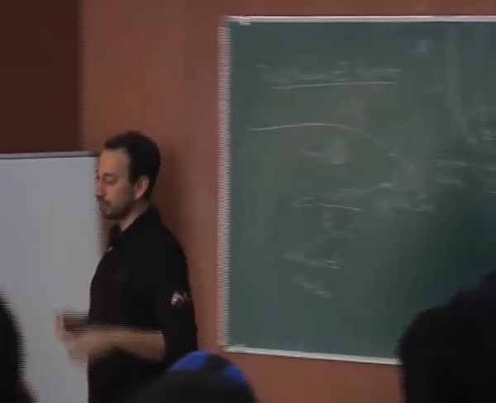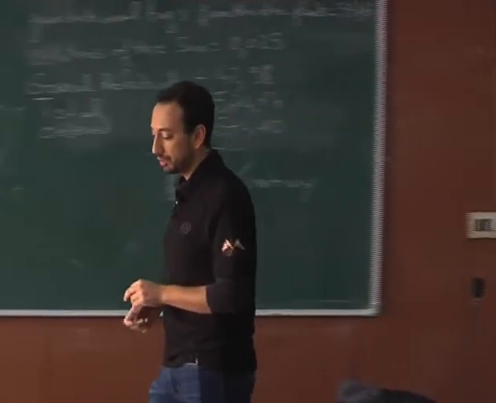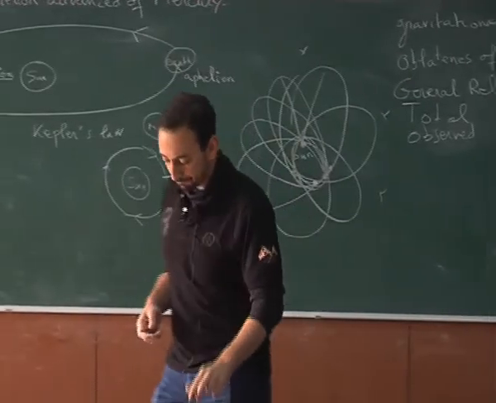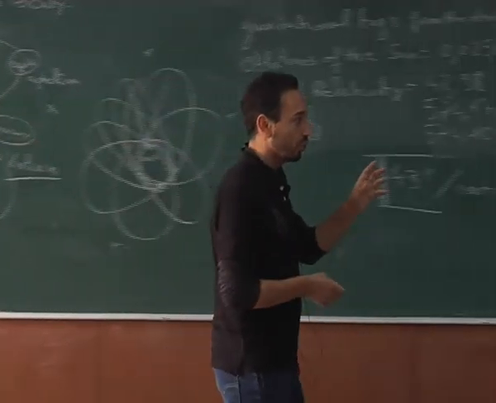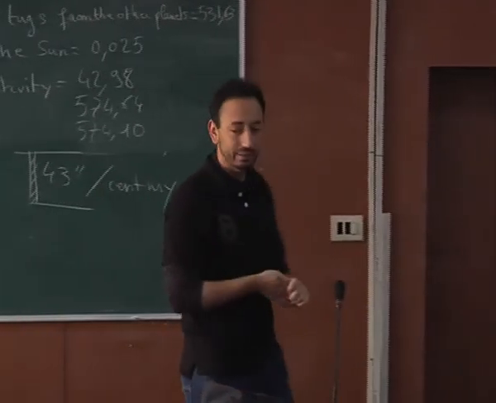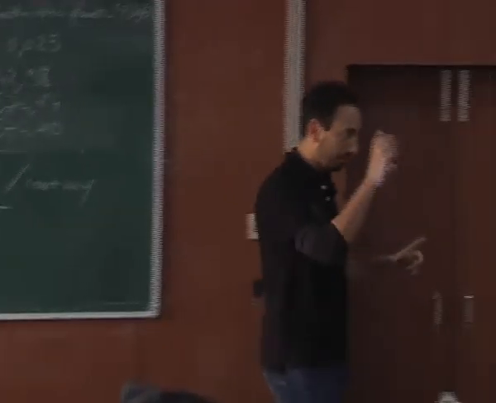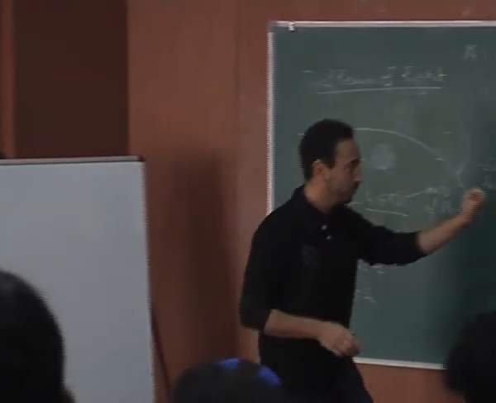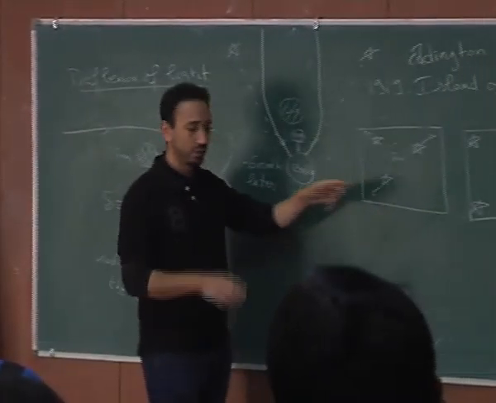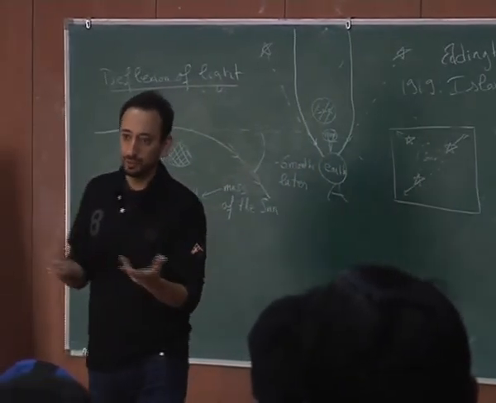So he could actually observe that, and he found that there is a deviation. To be completely honest, Eddington didn't have enough precision. Because if you take a picture of the stars, you don't get a point. You get something a bit blurred, because the quality of the pictures was not very good.